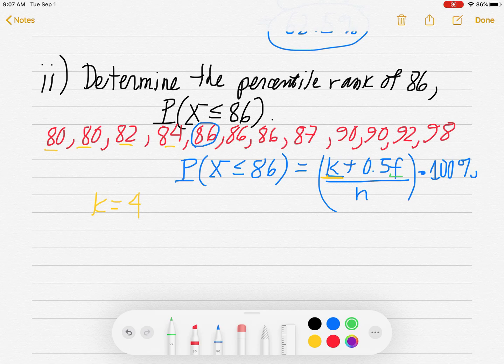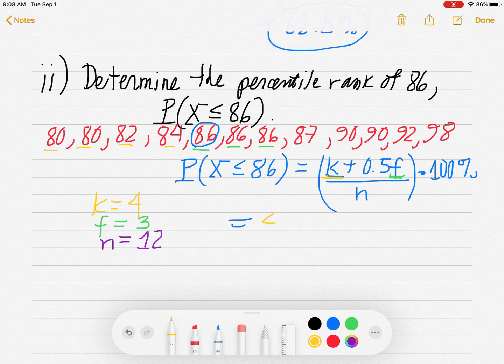All right, f is the frequency of 86. How many times does 86 occur? 86 occurs 1, 2, 3 times. So f is going to be 3. And n is the number of data values in the data set. There are 12 data values in total. So we're just going to plug and chug here.